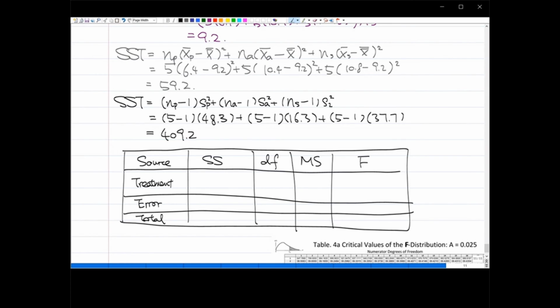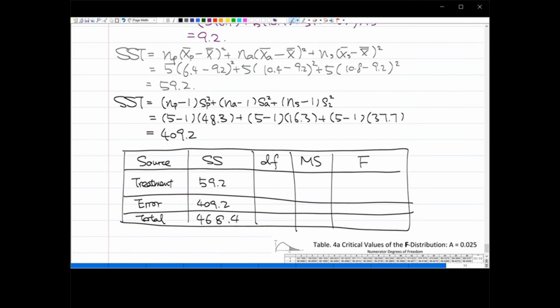Here you have first 59.2, SSE down here 409.2, so the total will be their sum.